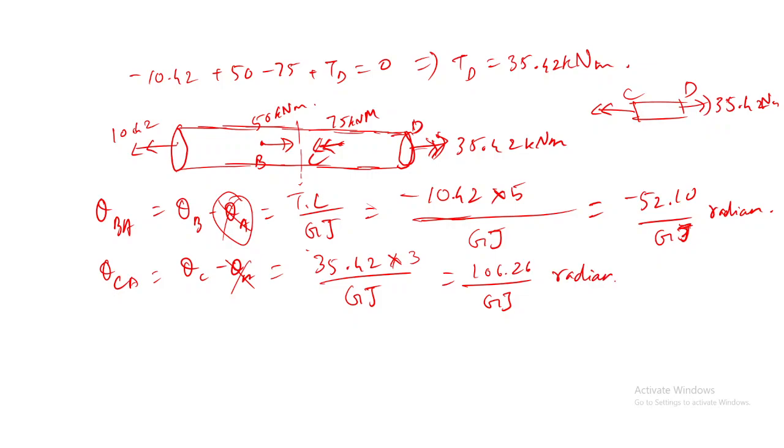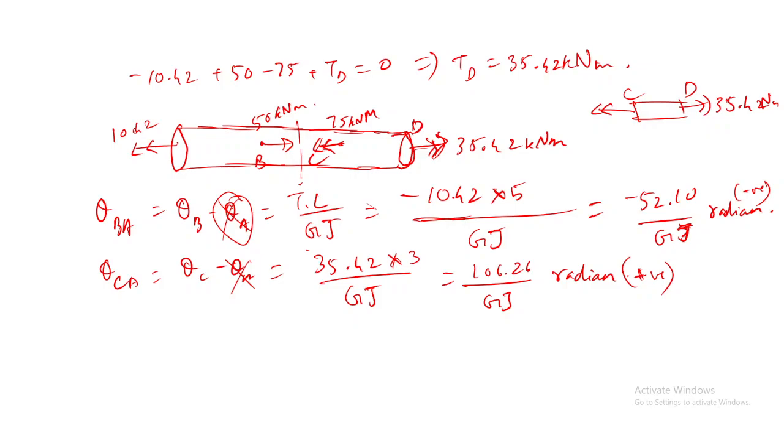But here what they have done is they have taken only a positive value. Why not a negative value? Here they have taken a negative value, whereas here they have taken a positive value. Sir, why has it taken a positive value?